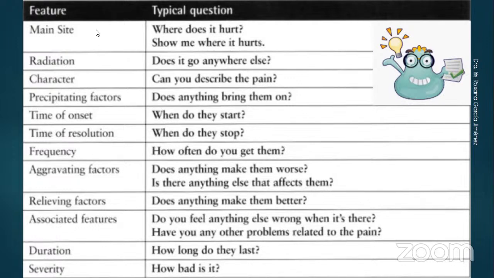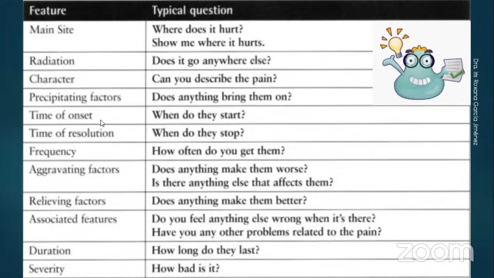We evaluate the main site, radiation, character, precipitating factors, time of onset, time of resolution, frequency, aggravating factors, relieving factors, associated features, duration, and severity. All of these parameters are important because we get specific information in order to organize our diagnosis and ideas.